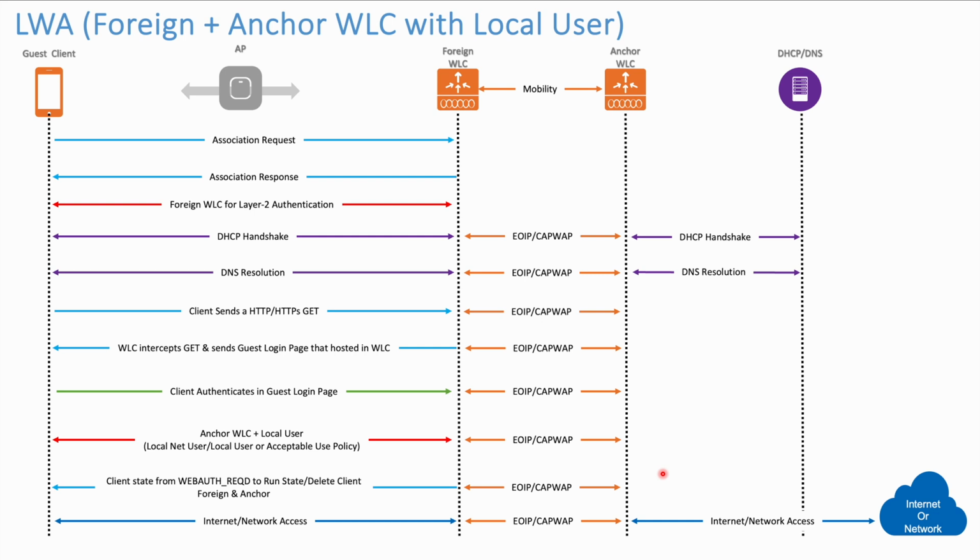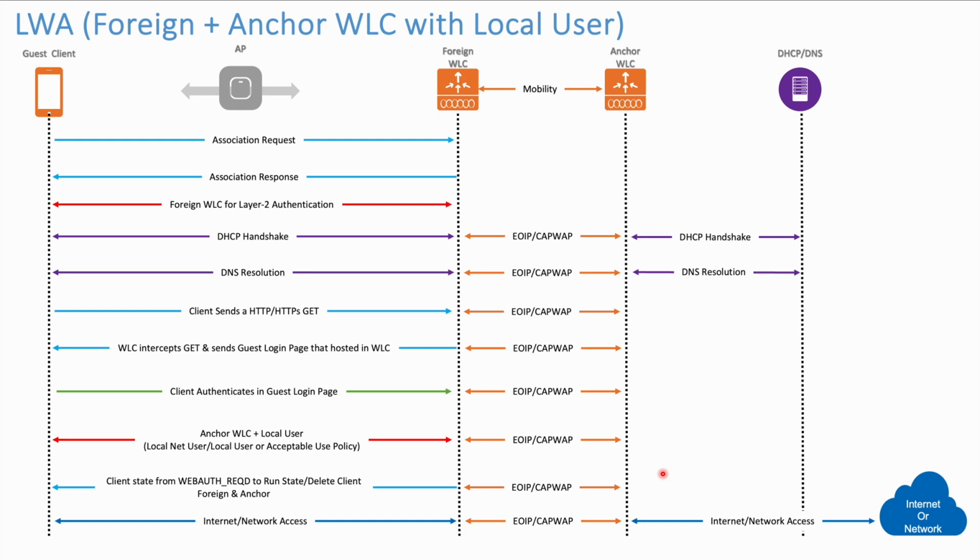In this flow, you have to understand the differences that happen with local web authentication if you have only one WLC, and what changes when a second WLC comes into the picture as the Anchor WLC. The first one is layer 2 authentication. The second is how the user credentials are used, which happens on the Anchor WLC, and the Anchor WLC will do that authentication part.